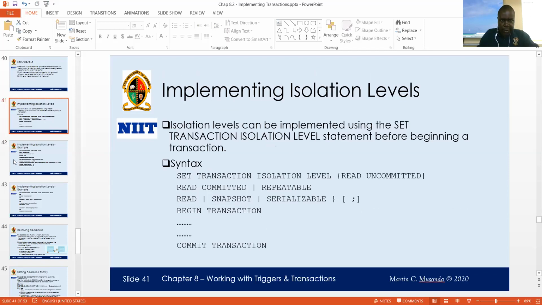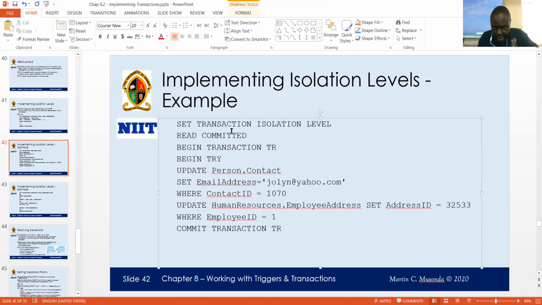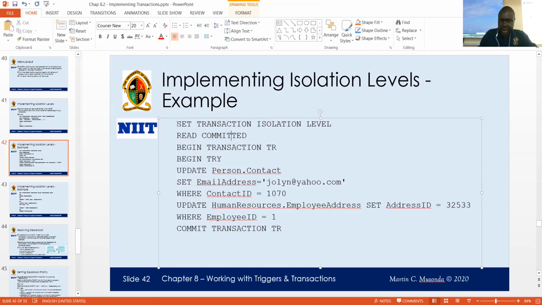Okay, so that's the syntax. I have a few examples which I want to show you. This is the first one. Again, let me just explain what is going on. We set the transaction isolation level to read committed. And then we begin the transaction, which we give the name TR.